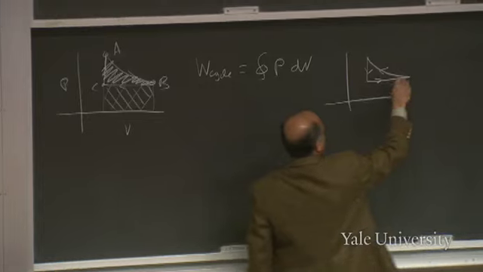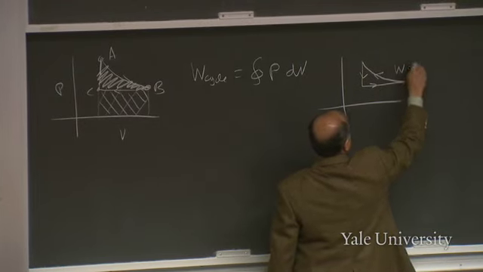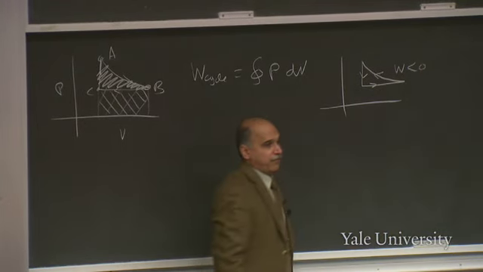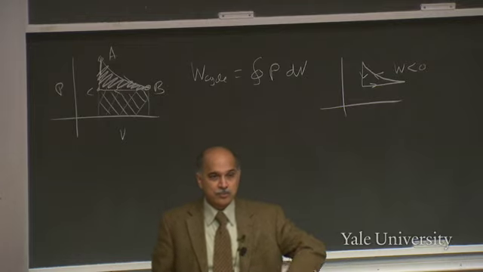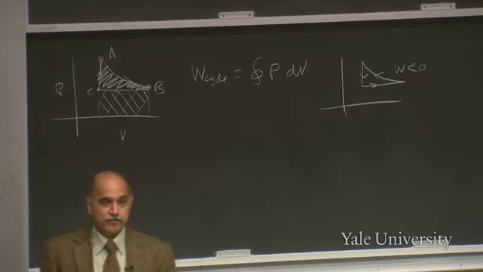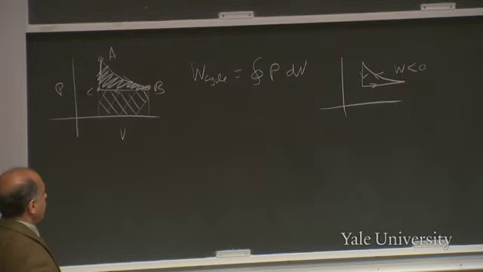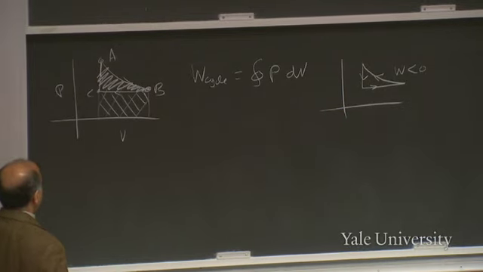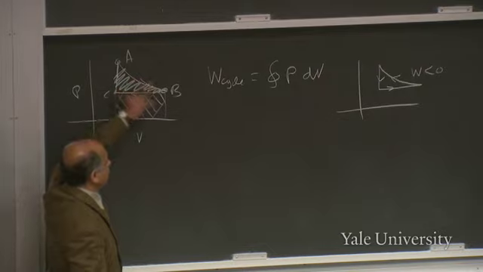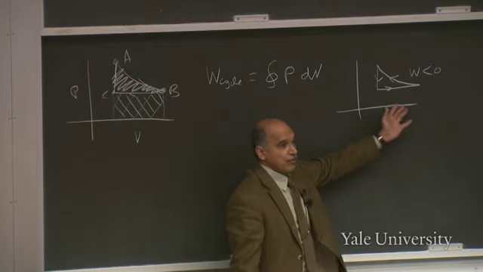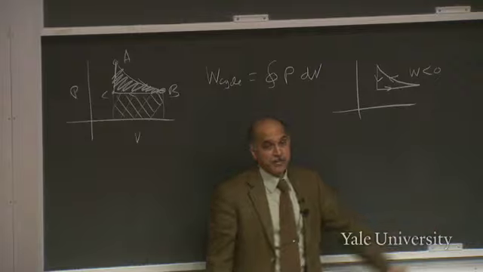Here, it's the same amount of work, but the net work is negative. So you've got to be careful that you describe the sense in which you do the loop. So the same loop as a geometrical figure has the same area, but the work done by the gas is positive in this case and negative in this case, and you can use common sense to find out if it's positive or negative.